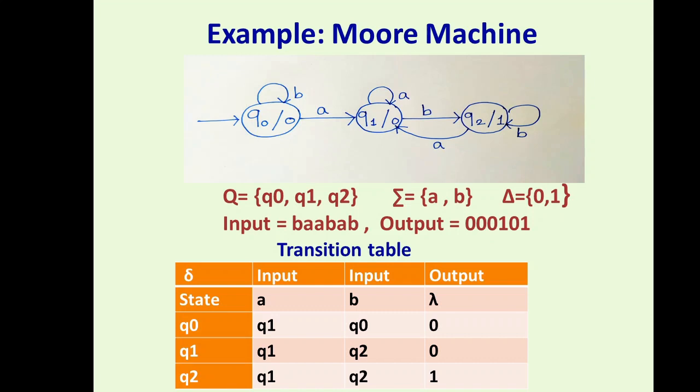The last symbol is B. We are in state Q1. Q1 on B, we are reaching Q2 and Q2 is generating output 1. So we have seen that for every input symbol, an output symbol is generated, which is from the output alphabet, and it is generating the output string.